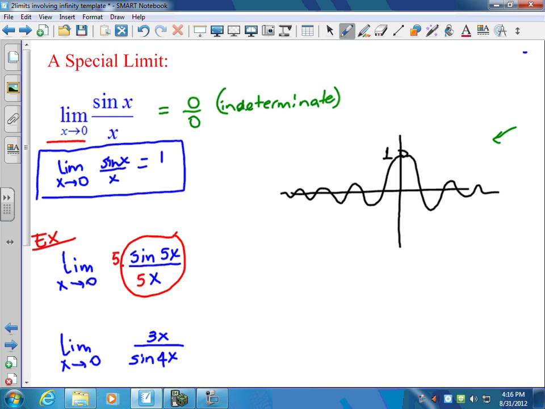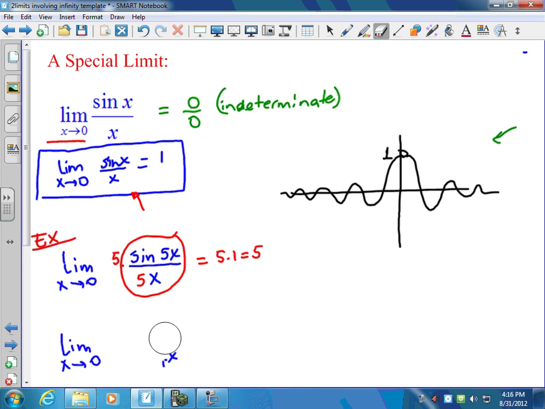Well, you can look at this like sine of u over u, and u is approaching 0 because x is going to 0, so 5x is going to 0. So now, in a sense, we're back to this situation: sine of a quantity over the same quantity on the bottom. As that quantity goes to 0, that is 1. And the answer will be 5 times 1, or 5.